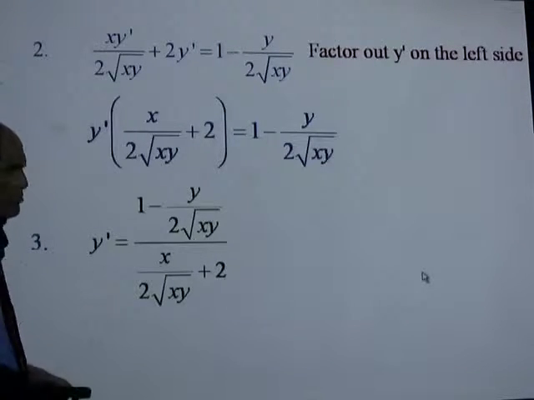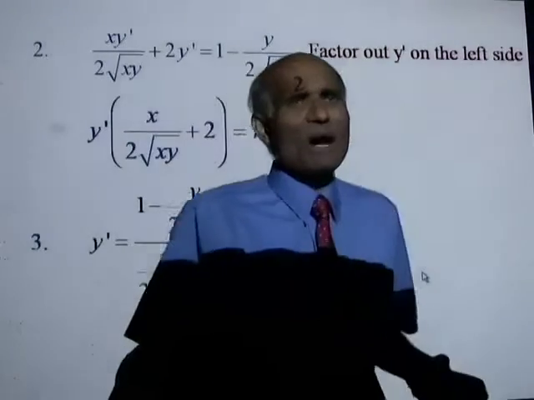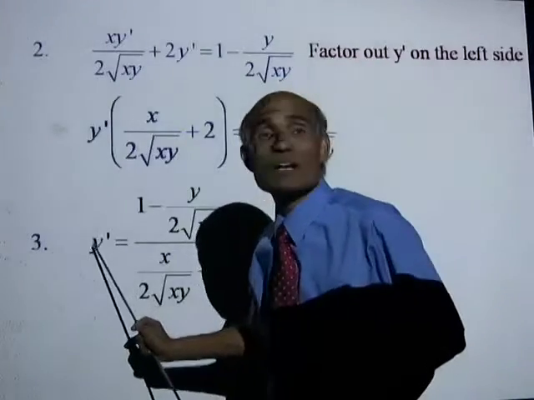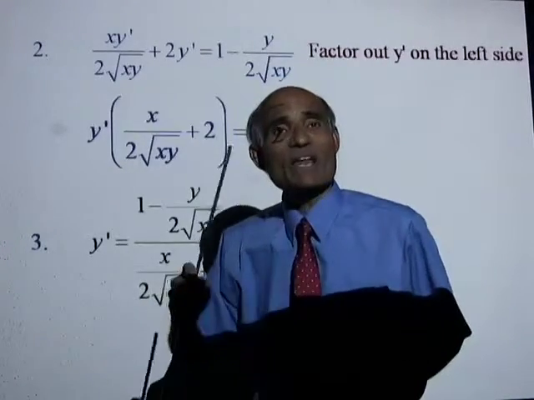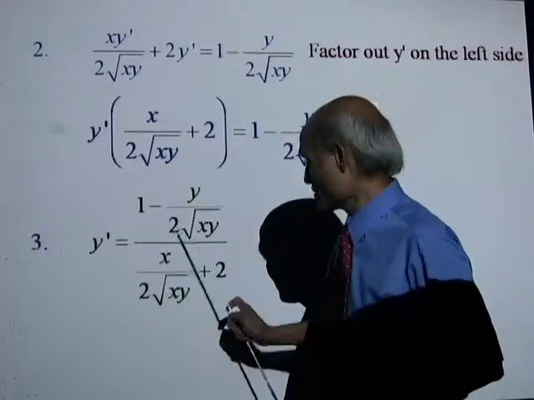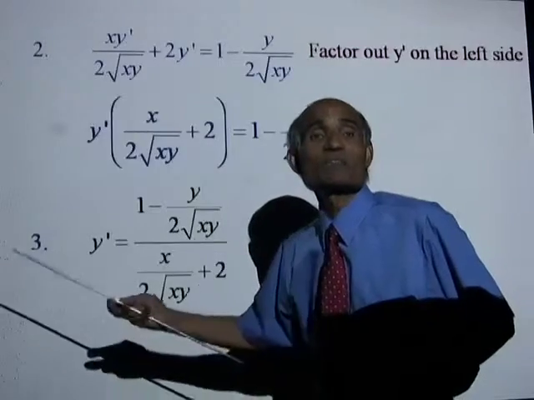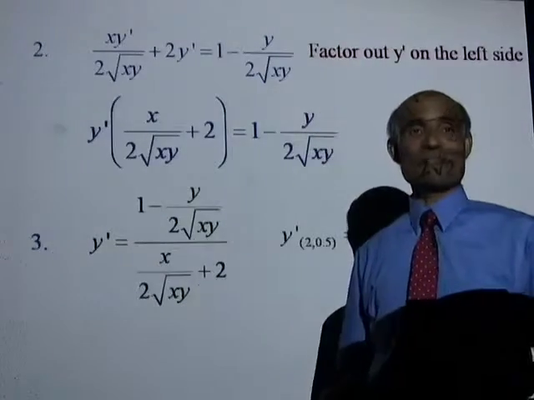Now, do we need to really simplify this? I don't think so. Why? Because we have been asked to find y prime at a given point. You know the x and y values. So all we need to do is replace x and y with the given values and then simplify.